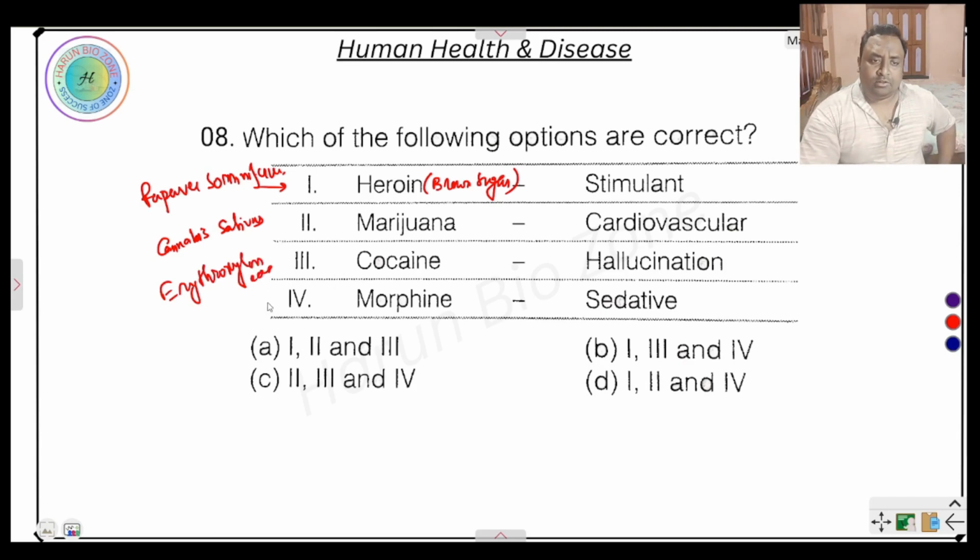And the last one is morphine. It is a sedative. Morphine is used after surgery. After a patient's surgery, morphine is used as a sedative or painkiller. Okay, so here the correct option is 1, 2 and 4.